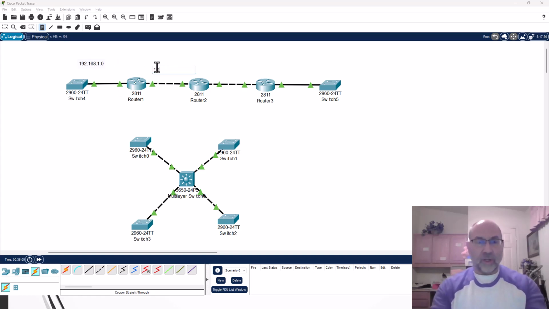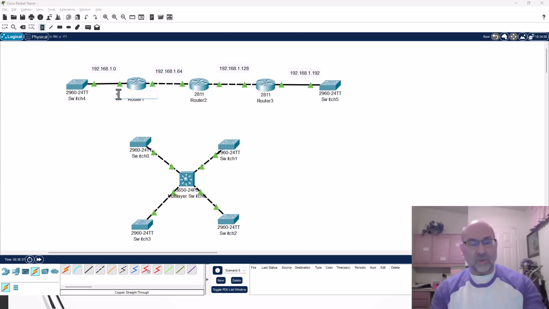We might have 192.168.1.64 here, 192.168.1.128, and 192.168.1.192. Now, in the case of this network here, this interface might be 62.